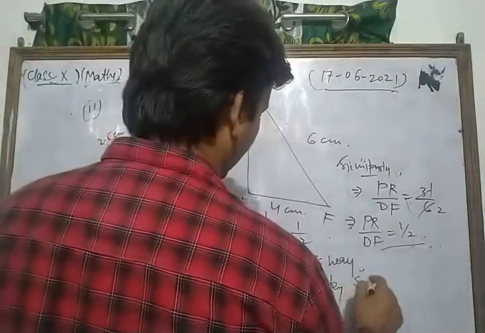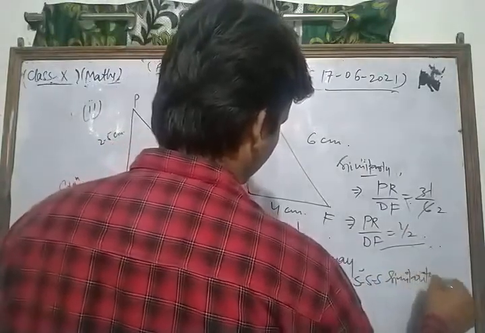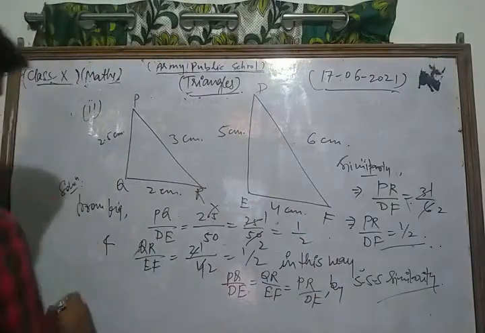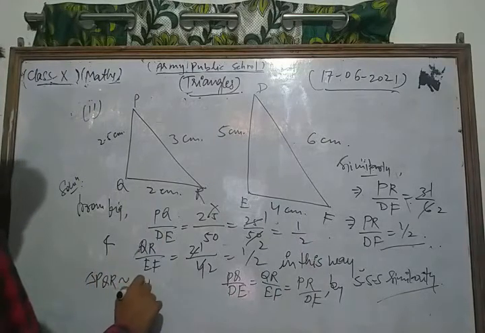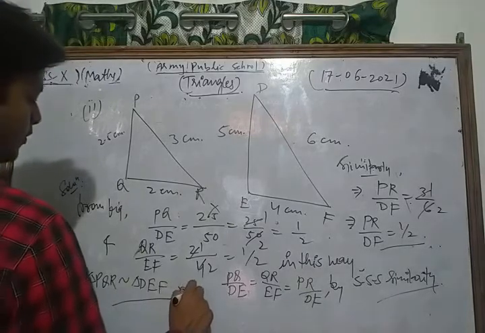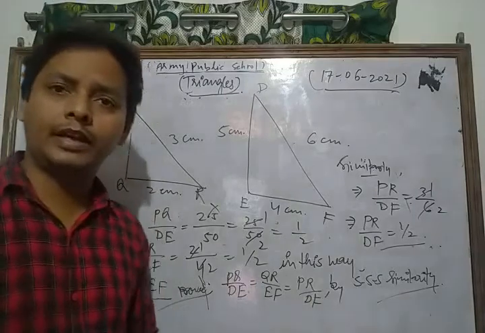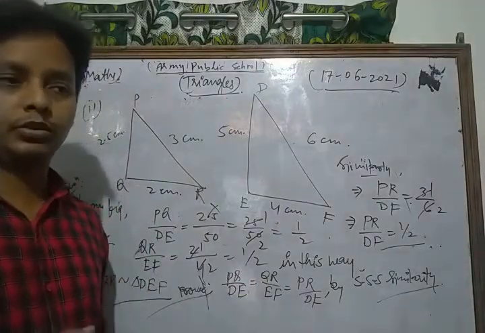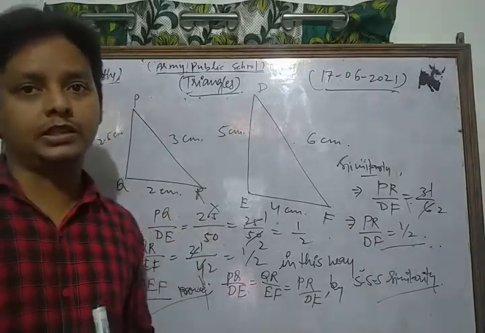So by SSS similarity, triangle PQR is similar to triangle DEF. Hence proved, by the concept of SSS similarity. Okay, so in this way, triangle PQR and DEF are similar to each other.